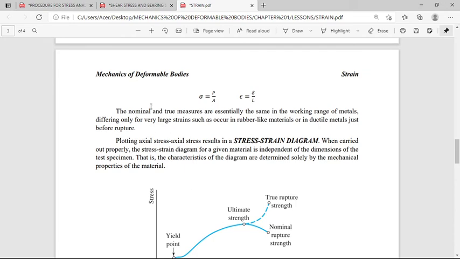The nominal and true measures are essentially the same in the working range of metals. Nagkakaiba lang sila for very large strains, kagaya ng rubber-like materials, or in ductile metals just before rupture. And plotting axial stress against axial strain results in a stress-strain diagram na tinatawag.